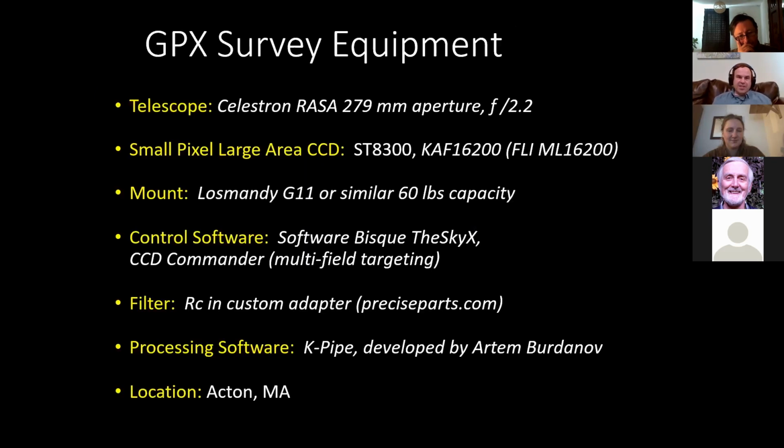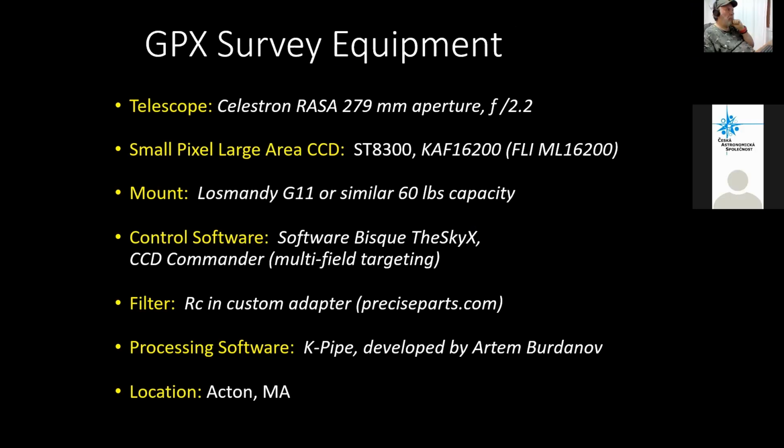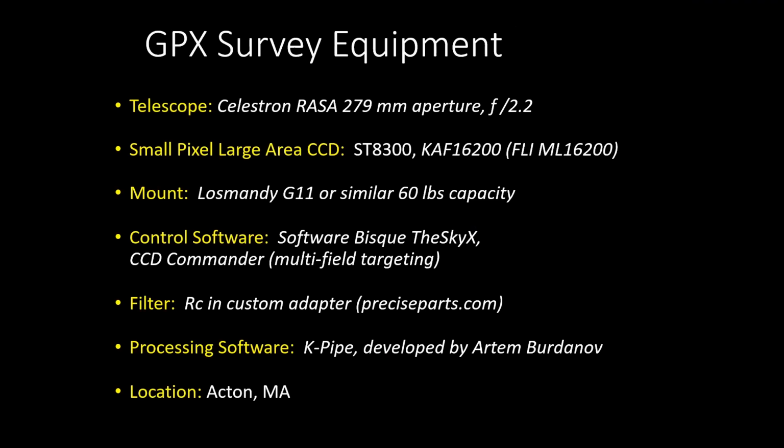GPX survey equipment. This is more like the specs. The RASA 11-inch has a very fast F ratio. First, I tried out an ST8300 camera, and then later, as we upgraded, I went with the KAF-16200 camera, which has twice the image area. For the mount, you need some sort of mount that's, at least for the RASA 11, at least 60 pounds capacity.